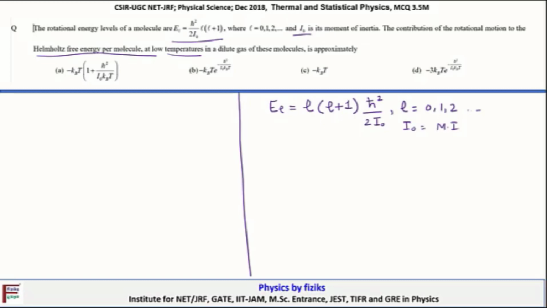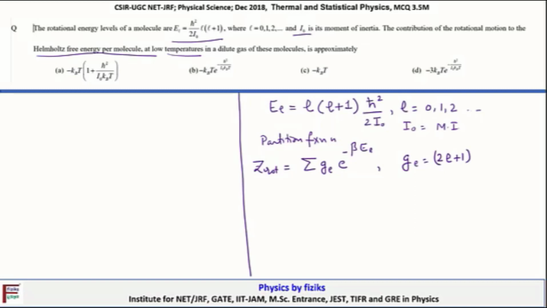Now the partition function, if you denote it by Z rotational, because we are talking about the rotational partition function, is equal to the sum of g_L, where g_L represents the degeneracy of a level, times exponential minus beta E_L. Here g_L is equal to 2L plus 1.